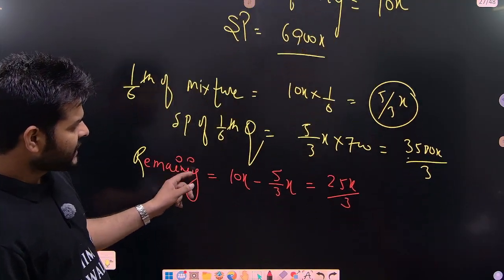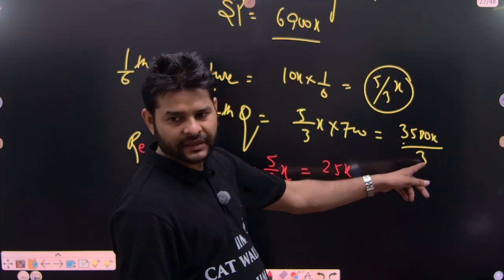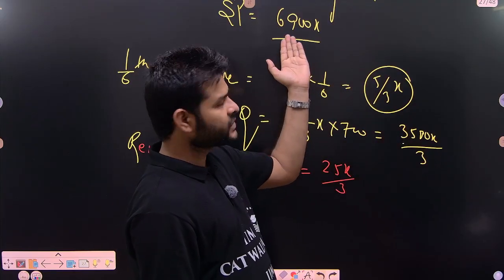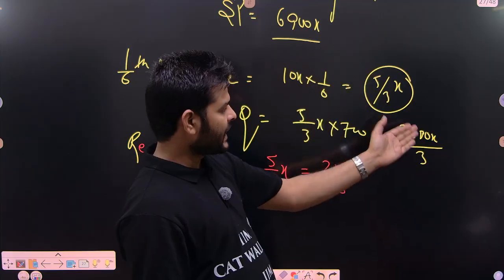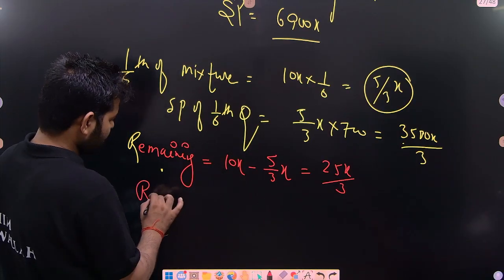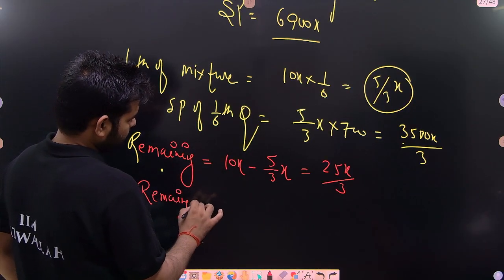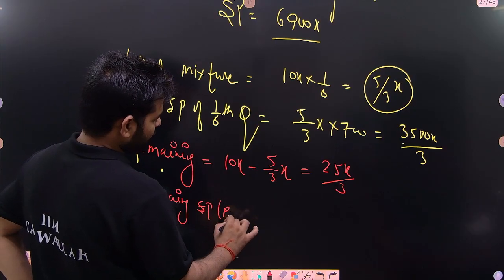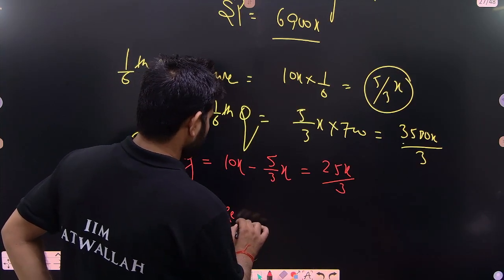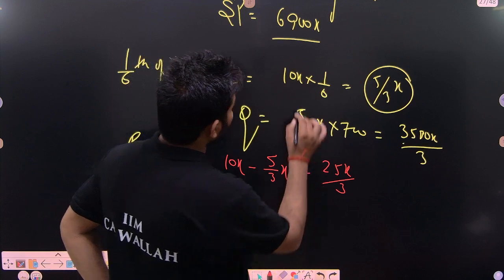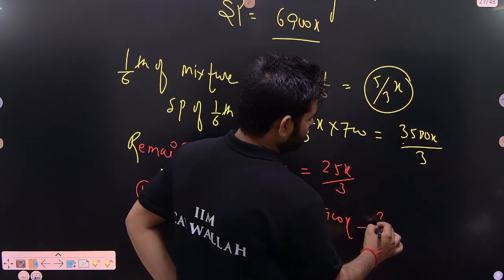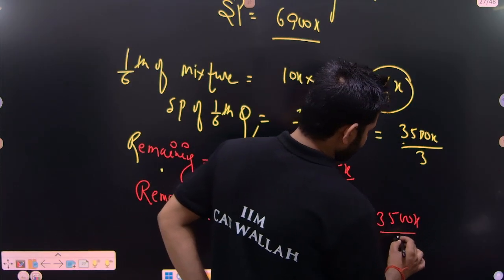He has made 3500x upon 3 from selling. So the remaining revenue, I can say directly: he wants to generate total revenue 6900x, and he has already got this much revenue.